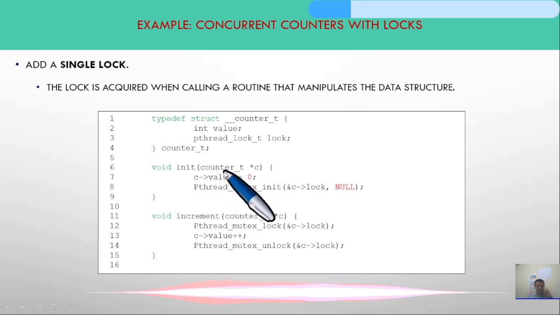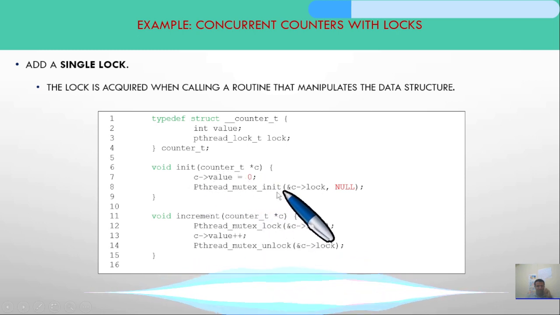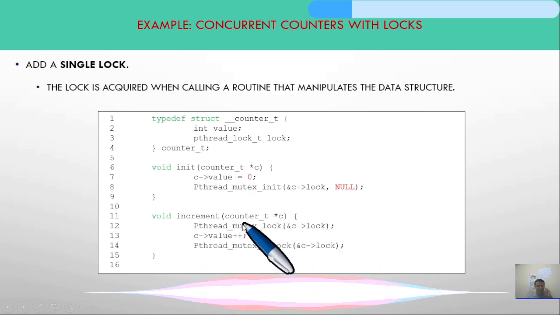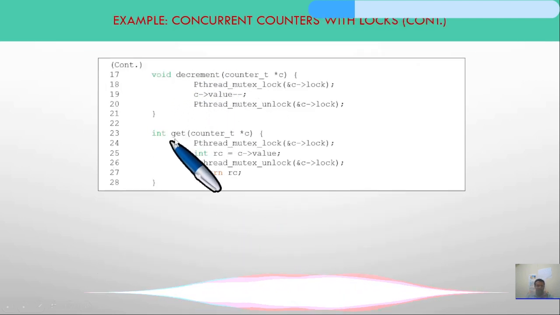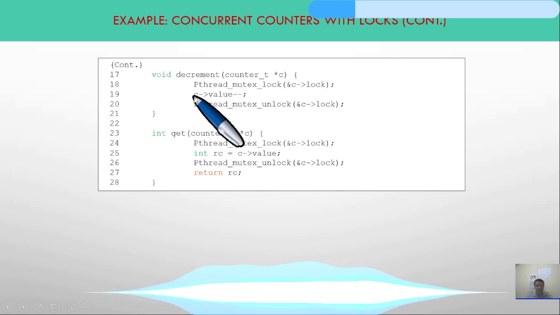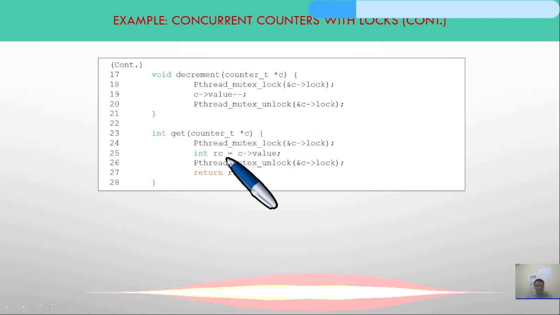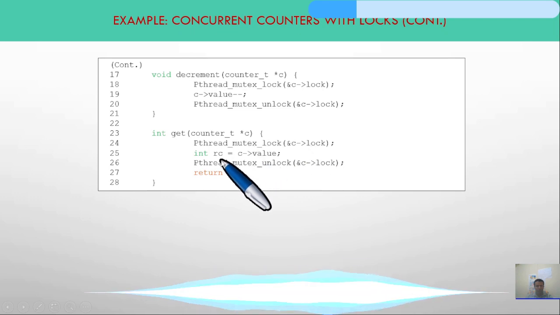Here the counter value is set to 0, and the mutex is initialized. In the increment also, as you see, pthread_mutex_lock, so it is sandwiched between the lock and the unlock. The decrement and the get functions are also the same, sandwiched between the lock and the unlock lines.